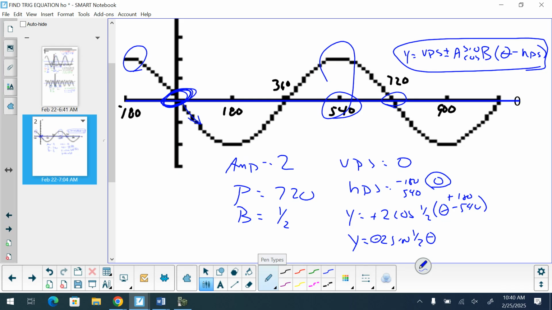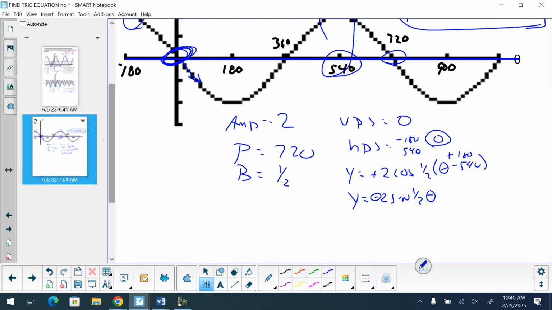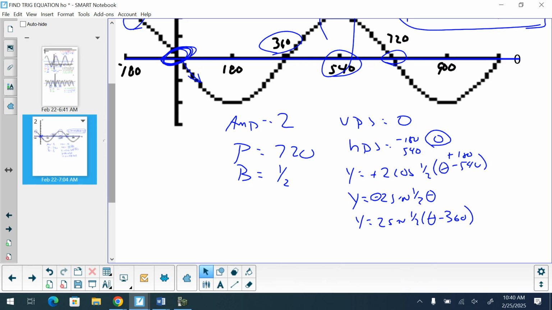You just have to watch, if I use a sine curve, am I going downwards or upwards? If you use a positive sine curve, you could use this 360: y equals 2 sine 1/2 theta minus 360. That is correct also. So once again, you have an infinite number of solutions. Depends on what you see.